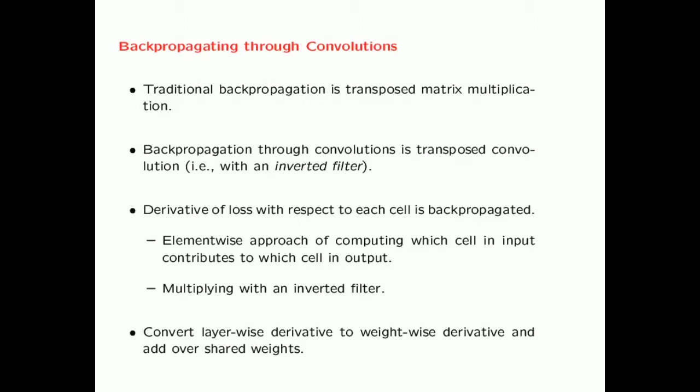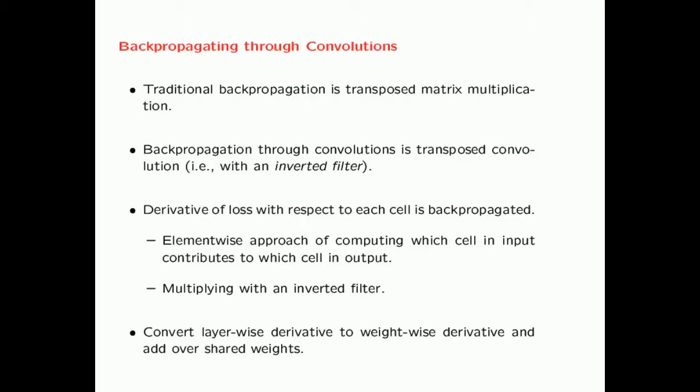Now, in the case of convolutions, we have a very similar type of interpretation. You can represent the backpropagation through convolutions as a transposed convolution with an inverted filter. So instead of transposing the matrix, you are inverting the filter. Now, there are two ways in which one can write an algorithm for backpropagation with convolutions.